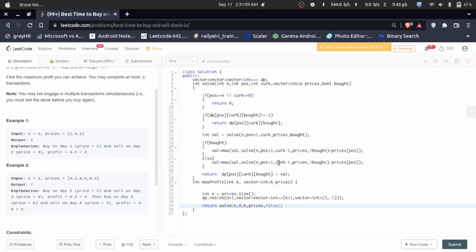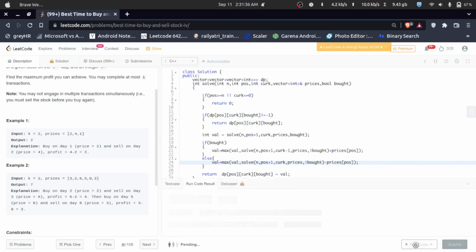I'm finding that basically the transaction will not be counted, because when I've been buying the stock, until I'm covering the full sell, basically until I sell the stock, the transaction has not been fulfilled. So that is why it may cause a wrong answer, maybe.